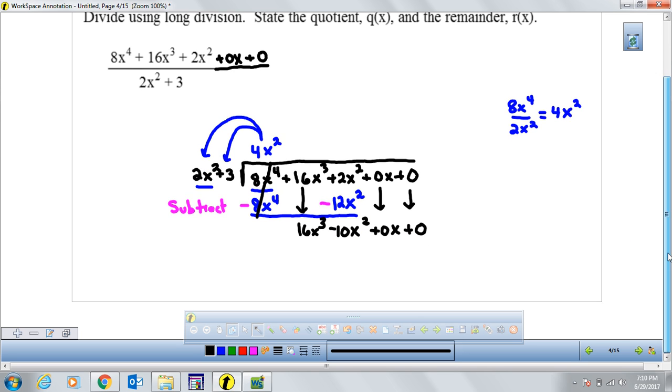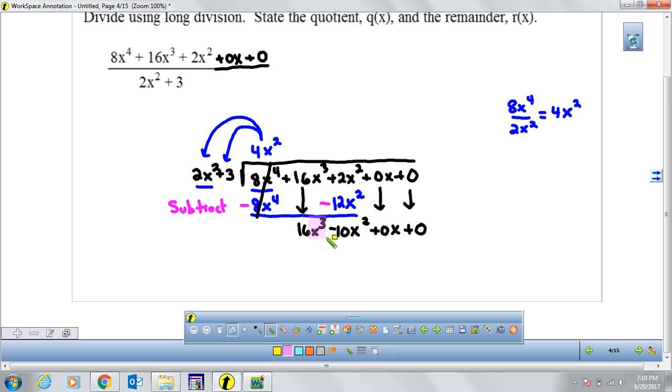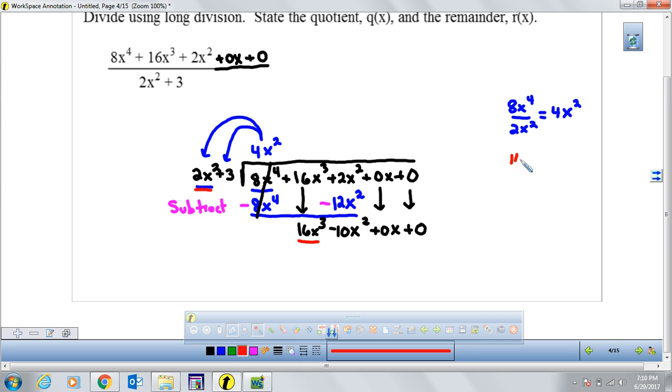Now we're going to keep repeating this process until we cannot divide anymore, and that happens when the degree of the dividend is less than the degree of the divisor, which in this case it is still bigger, so we can divide a couple more times. We divide out the first terms again: 16x to the third power divided by 2x squared is going to be 8x.